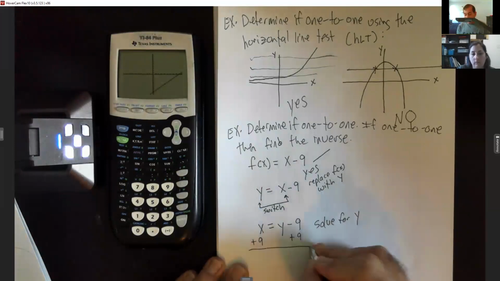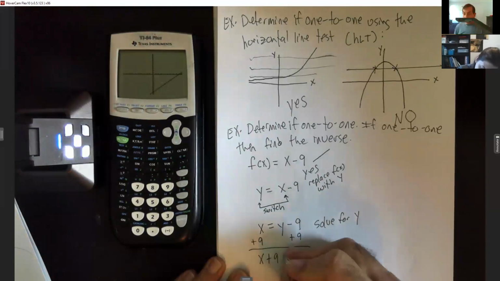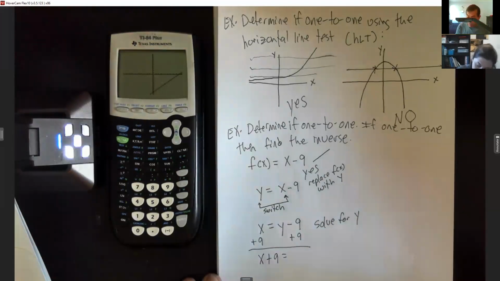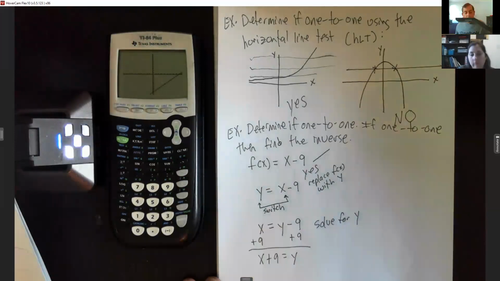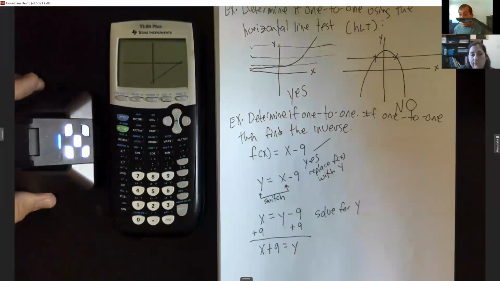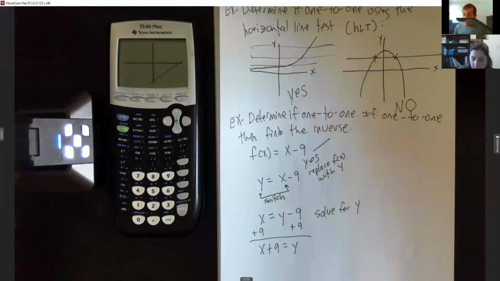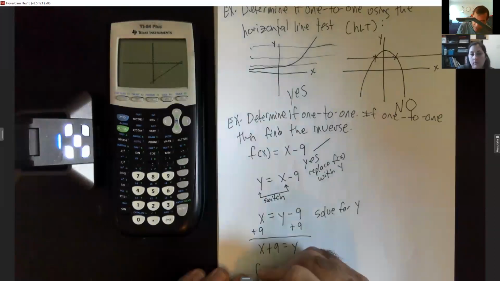So y'all, here we go. This side gives me an x plus 9. The right side, the 9s are gone. All that's left is my y. So we have solved it for the y. And then my last step was to replace the y with f negative 1 of x.